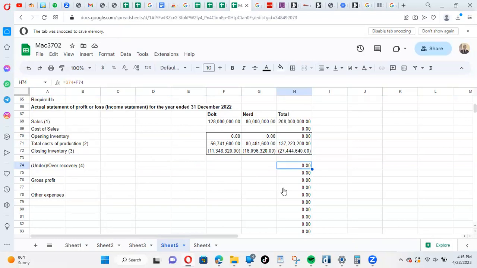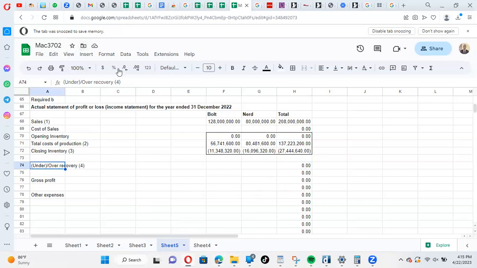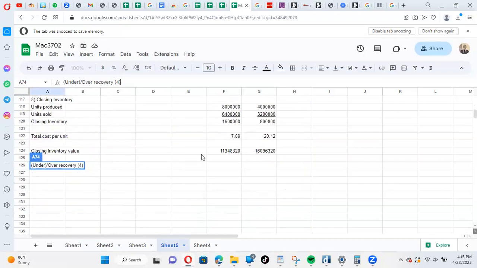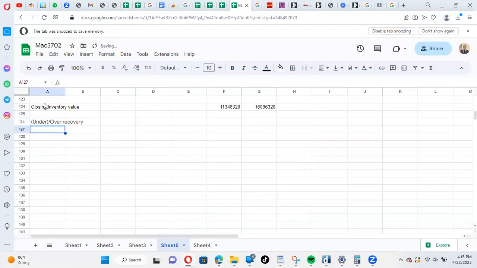Then we arrive at our gross profit there. Okay. So let's deal with the under or over recovery. Let's say now it's on working number 4, on calculation number 4. Let's go right down. Okay, I overwent now. Calculation number 4 in that one. So there's just a lot of things to do on this paper.